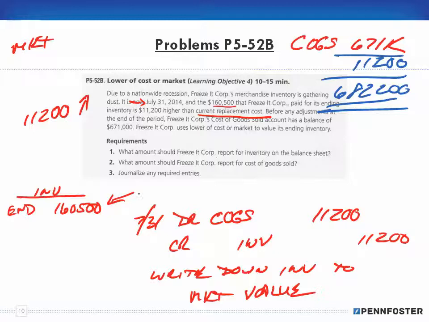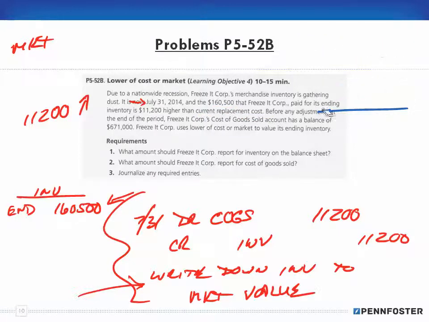Okay, so that would be my journal entry to write down my inventory, transferring that value from inventory over to my cost of goods sold. And of course I'm going to write in the description because this is an out of the ordinary transaction.